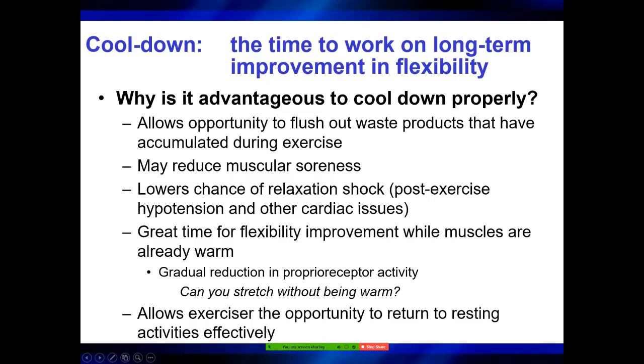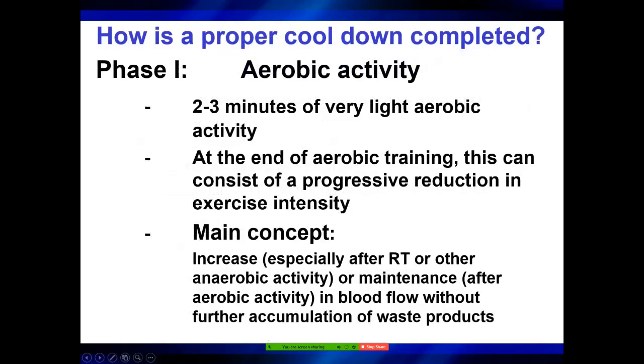All right, we already talked about returning to resting activities effectively. Okay, so how is a cool down completed? Well, just like phase one of a warm-up, phase one of a cool down involves some aerobic activity. It's usually even lighter than what you do during a warm-up, and is more of a gradual reduction in intensity level as you are engaging in that 2 to 3 minutes of very light aerobic activity.